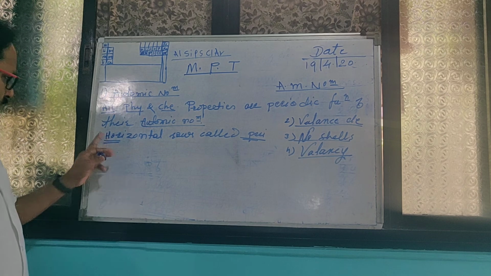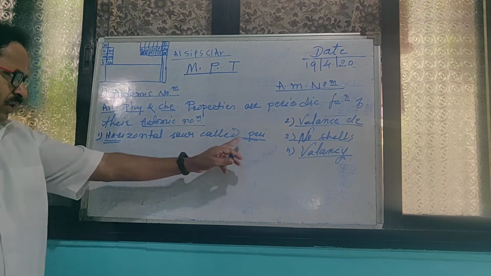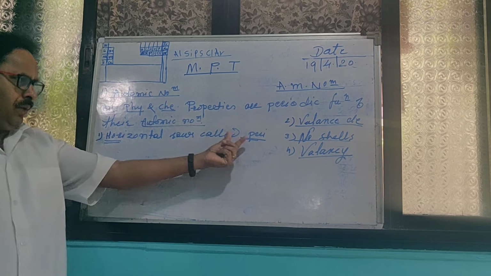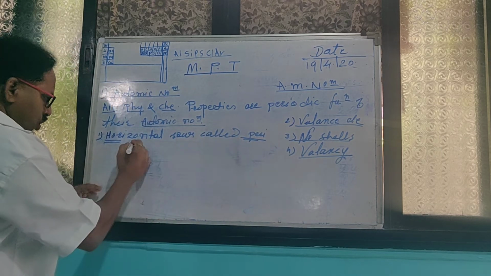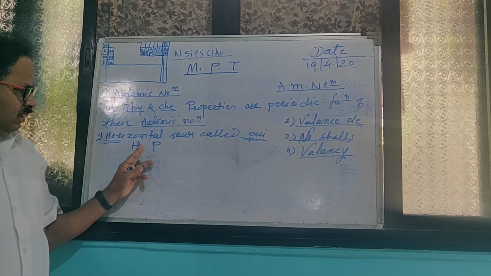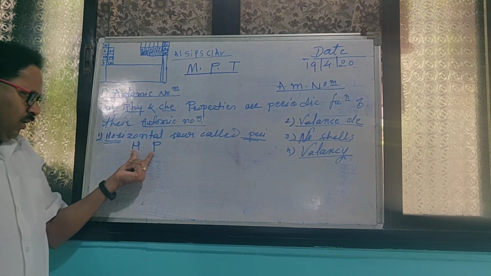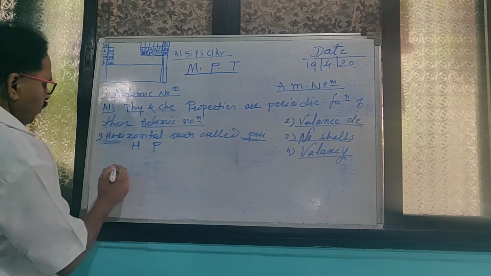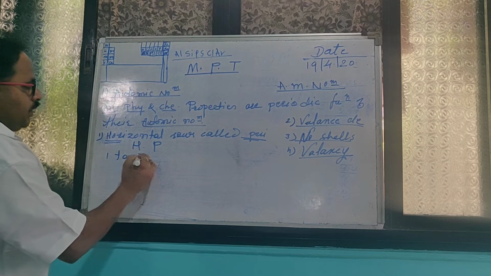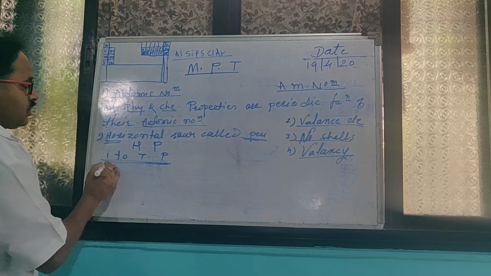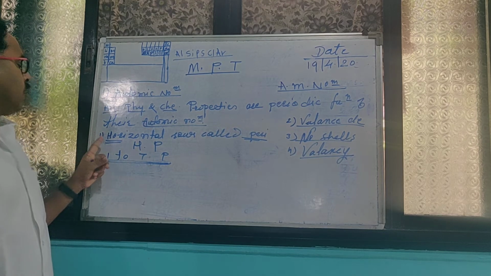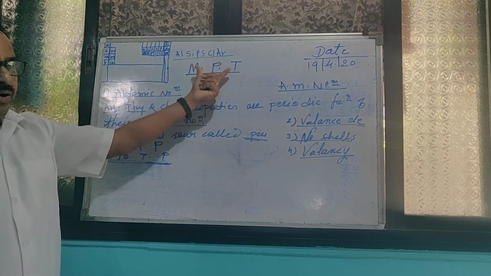I already told you to remember the word HP. H belongs to horizontal, P belongs to period. In short, we have to remember HP. That means horizontal rows are called periods. There are 1 to 7 periods in the modern periodic table.